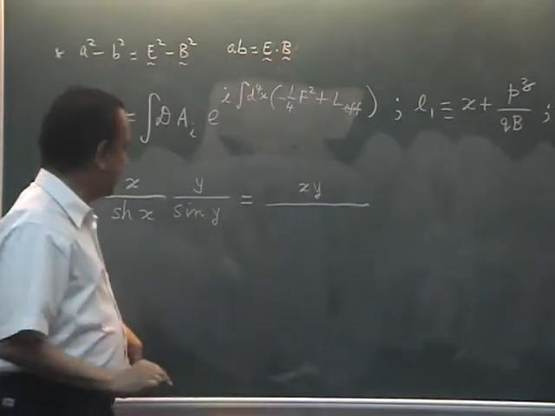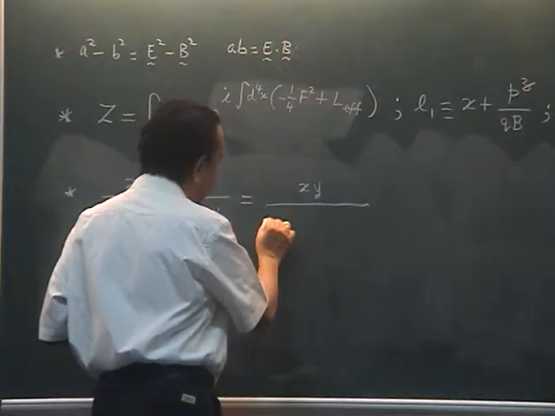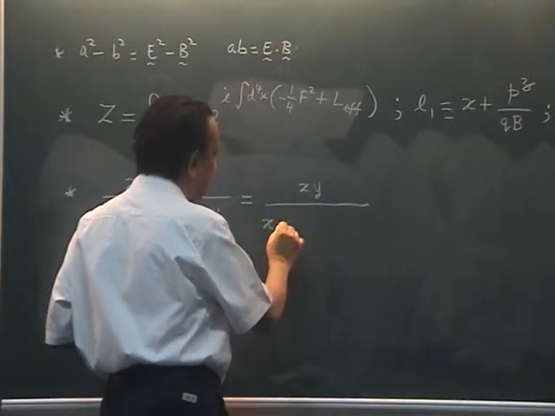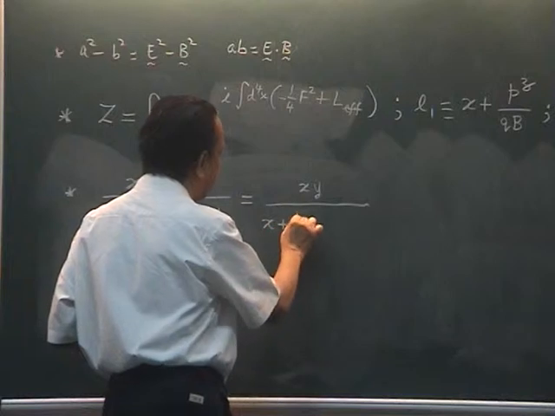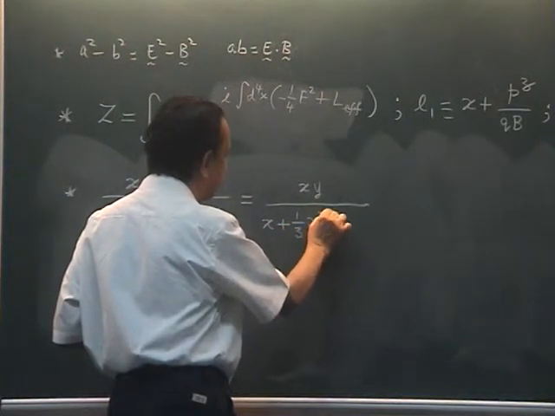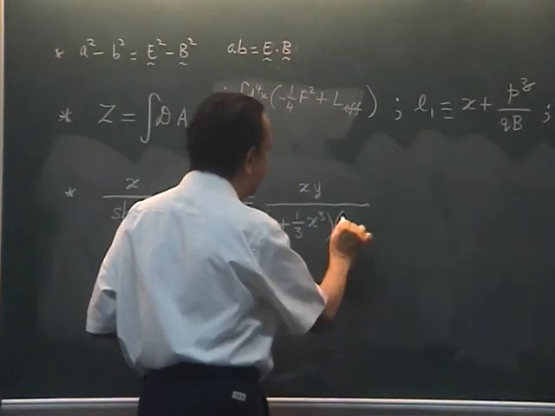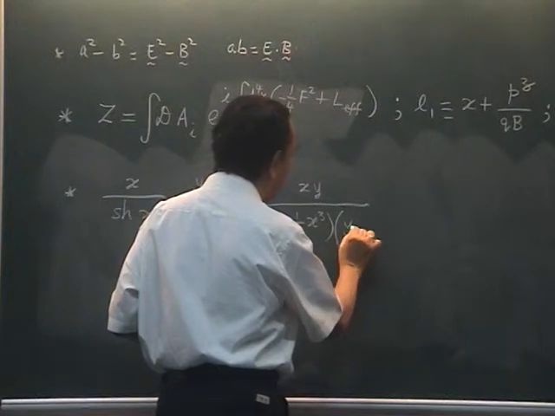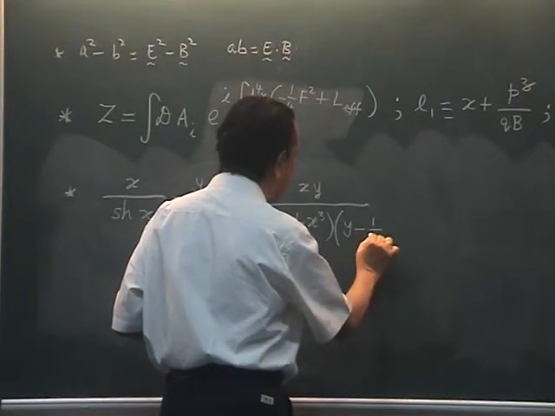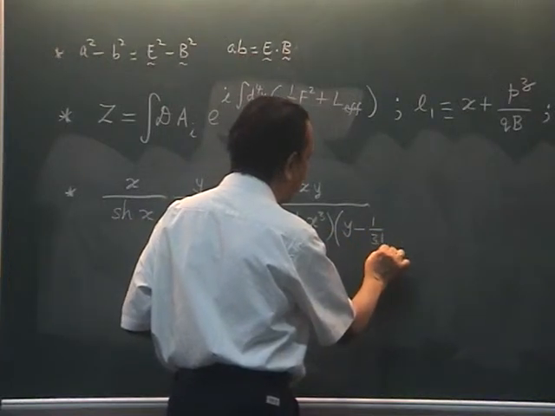Let us look at the Taylor series expansion of sin x. That will be x plus 1 by 3 factorial x cube, if I think it is correct. And this will give you y minus 1 by 3 factorial y cube.